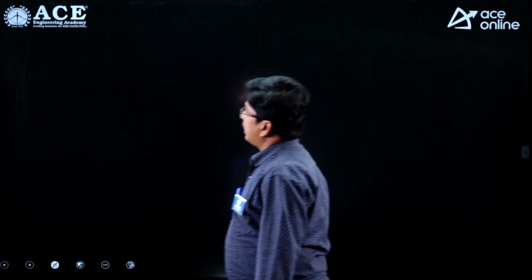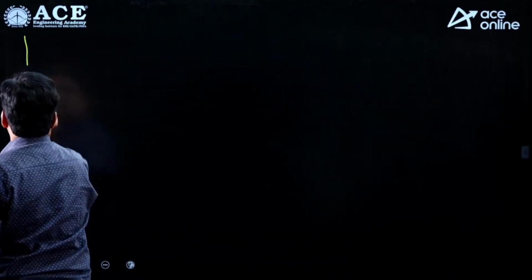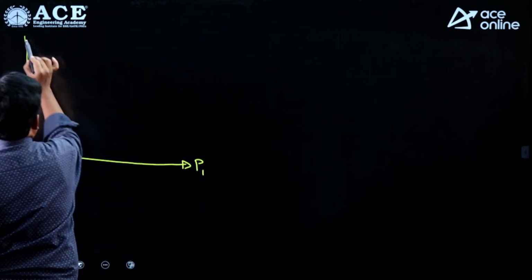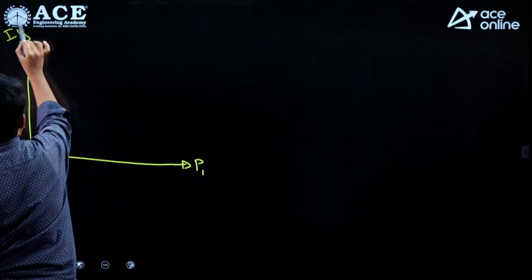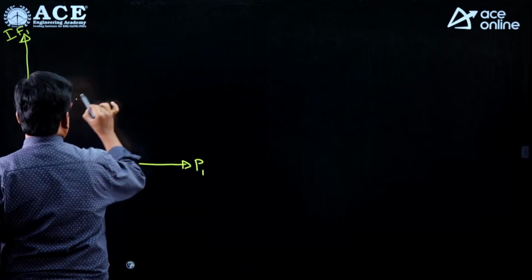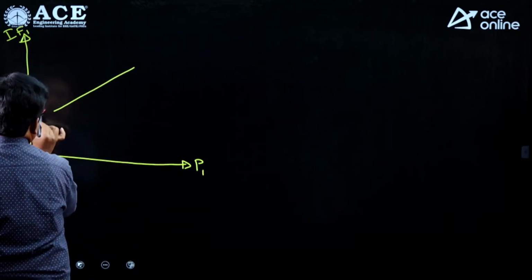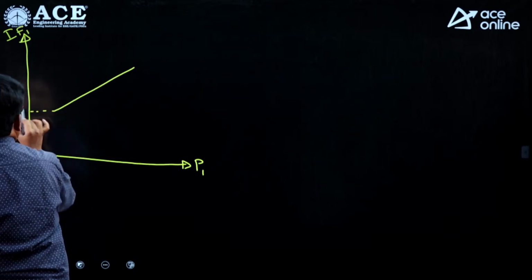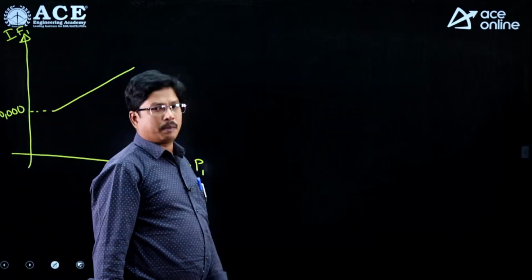See, actually, if you are able to draw the line equation, this is power P1, this is the incremental fuel cost of plant 1. So we can draw a line here. Initially, we have 10,000 rupees per megawatt hour as the incremental fuel cost.